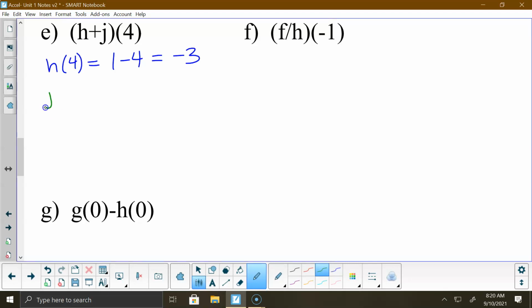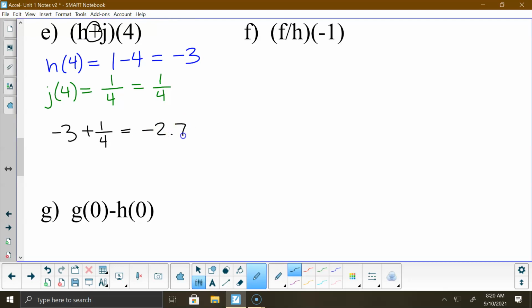What was j of x? Then what do I need to do with them? Add them. So negative 3 plus 1/4 is negative 2.75, or negative 2 3/4, or negative 11 over 4, whatever floats your boat.